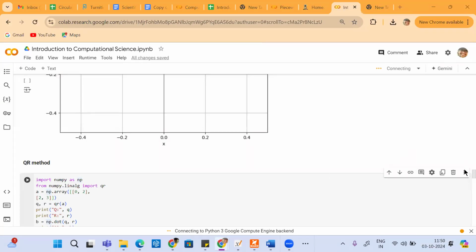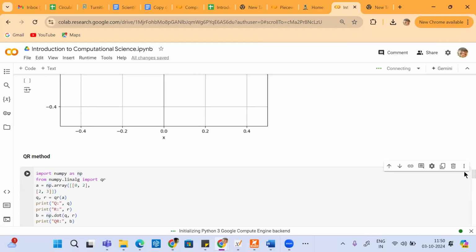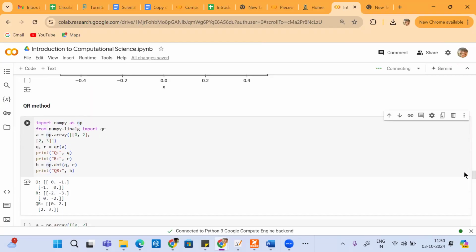Yes. So this is the QR method you can see here. As I told you, import numpy as np as usual. Then from the linear algebra package, linalg, I am importing qr. That's where you import QR, otherwise it will not recognize what QR is.